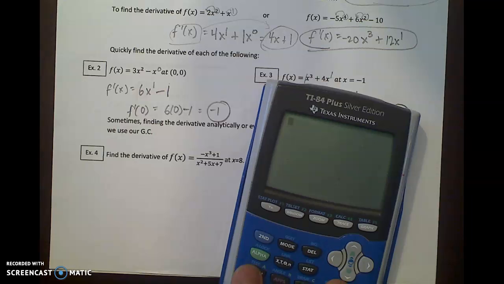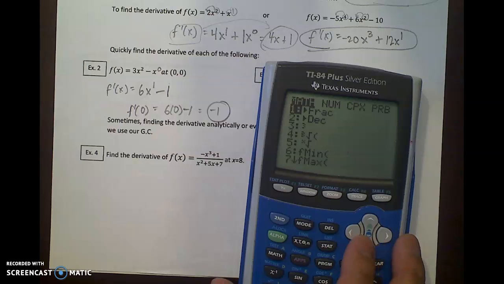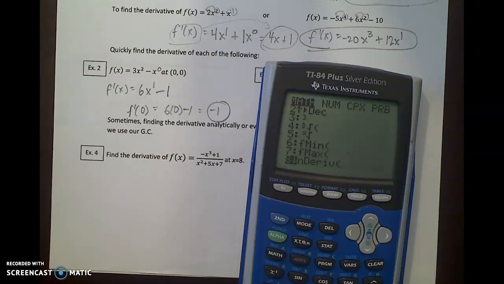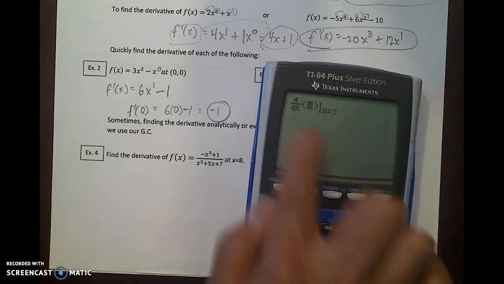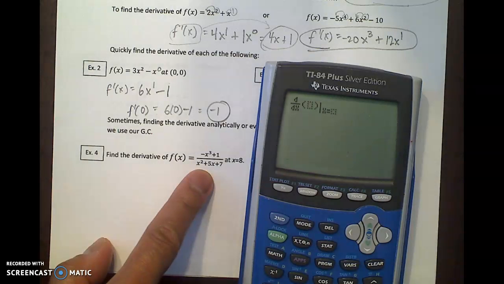You're going to press Math, and then choose option 8, which is the derivative function. In the first blank, where the cursor is, you put the variable x. Inside the parentheses, you type out the function you're trying to find the derivative of.